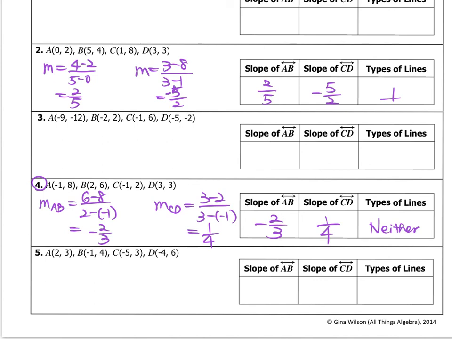If you're given enough information to read it off of a graph, you can calculate it. Or you can use the formula y2 minus y1 over x2 minus x1. And finally, we talked about how slope determines whether 2 lines are parallel or perpendicular, or neither.